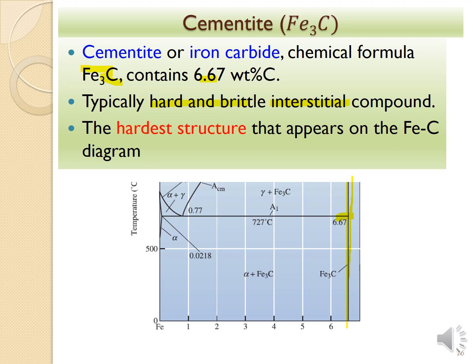Actually, it is the hardest structure that appears on this iron carbon diagram. So, that being said, ferrite is the softest structure, and this iron carbide is the hardest structure. So we want to have a good combination of those two to have the best property of the material, or to achieve the property we want to have.